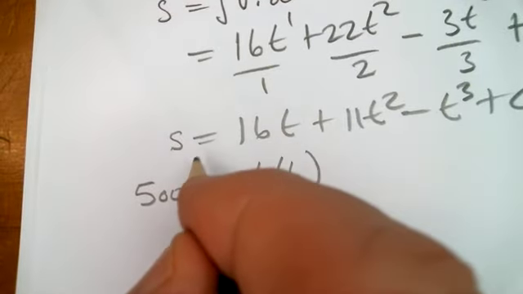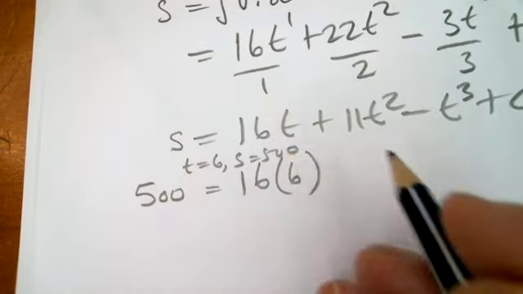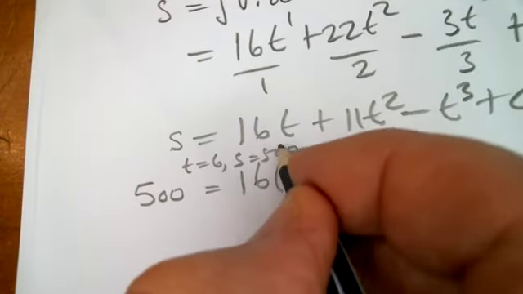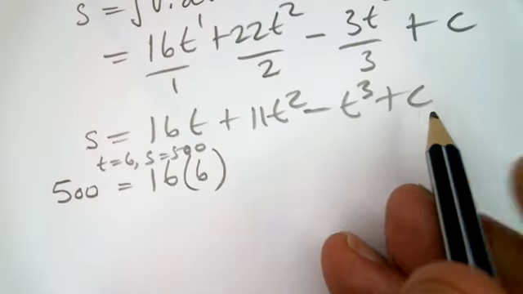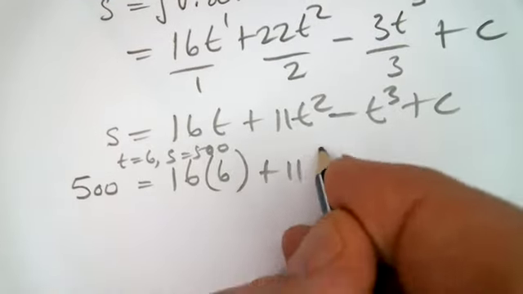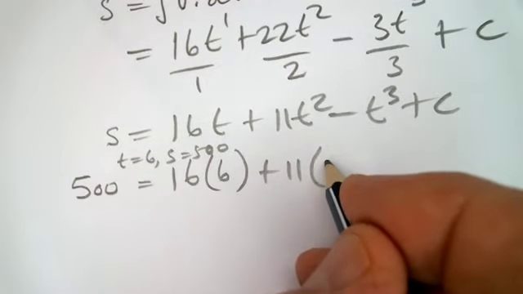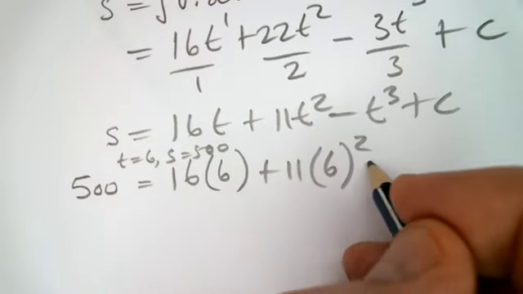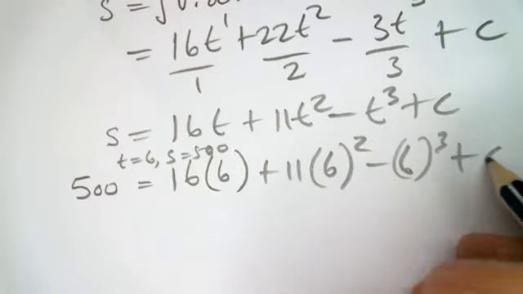Here, t equals 6, s equals 500, because what we're doing is trying to find the value of c.